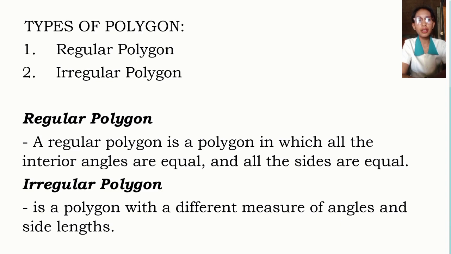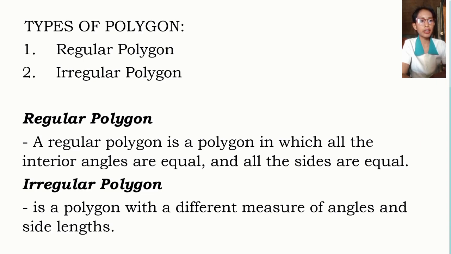An irregular polygon is a polygon with different measures of angles and side lengths. So, masasabi din natin na ito ay irregular polygon kapag yung mga sides, angles ay hindi magkakapareho. Kasi meron tayong mga triangle na mas mahaba yung isang side, mas maliit yung isang side, tas meron din yung hindi magkakapareho yung mga angles nila.